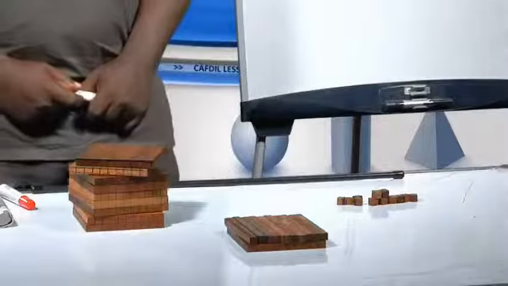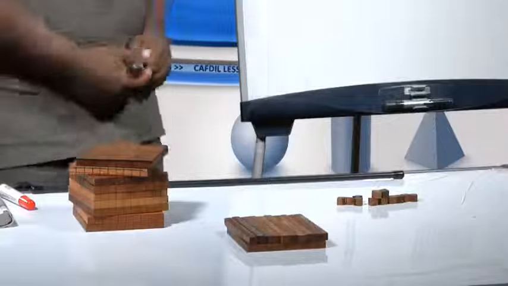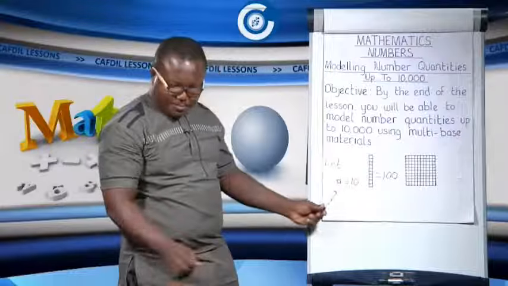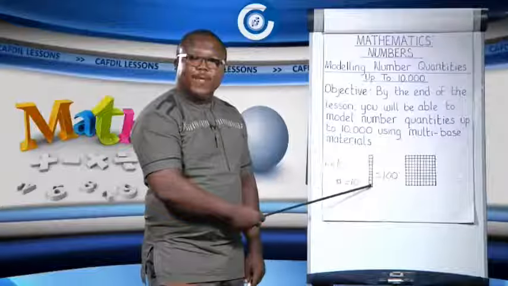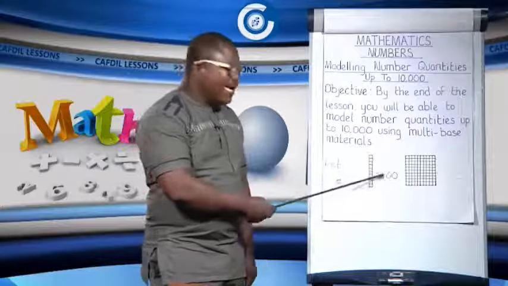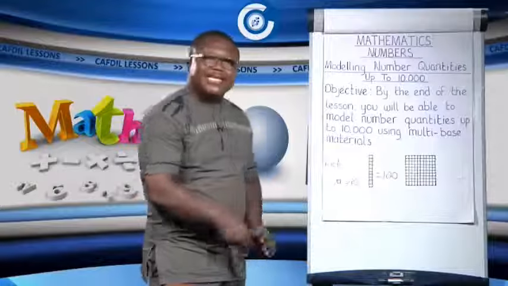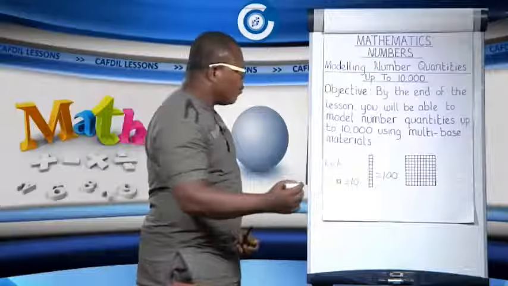So here, if this cube is 10 and this long is 100, then this flat, as we have done, is 1000.